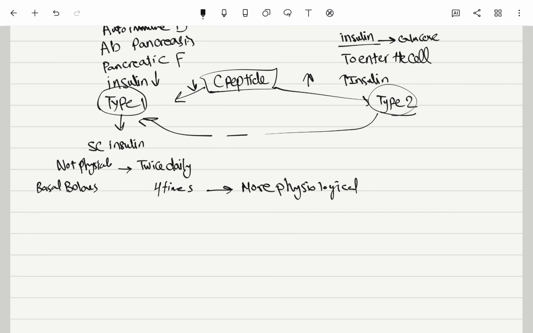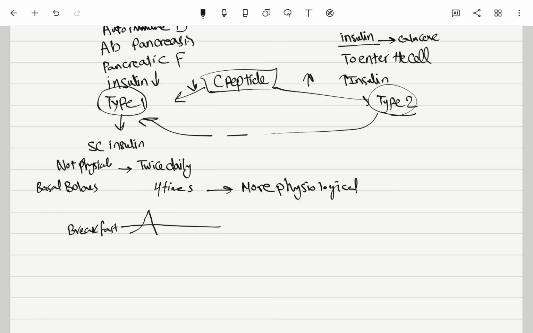What I mean is that it is more physiological, as when I eat a meal at breakfast, my body secretes insulin to peak like that, and there is a basal insulin like that.